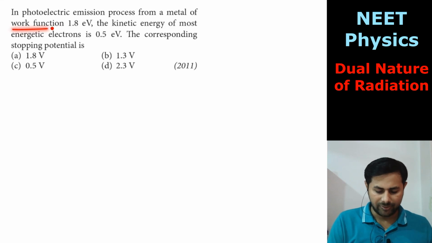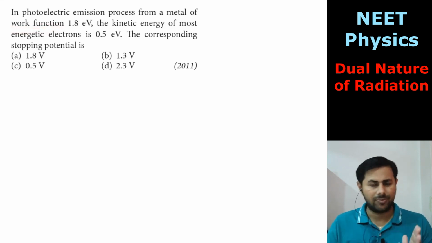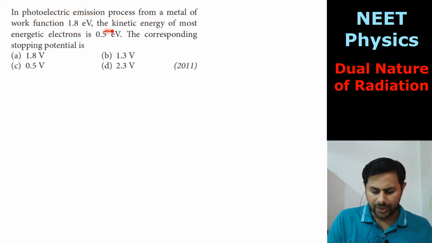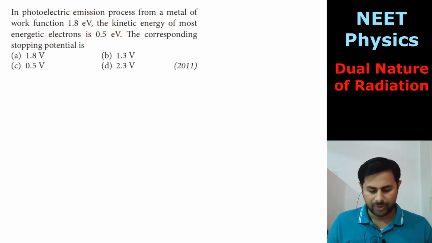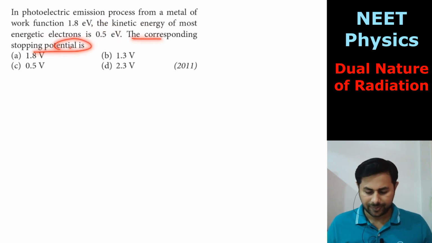So in photoelectric emission process from a metal of work function 1.8 electron volt, the kinetic energy of most energetic electrons is 0.5 eV. The corresponding stopping potential is.